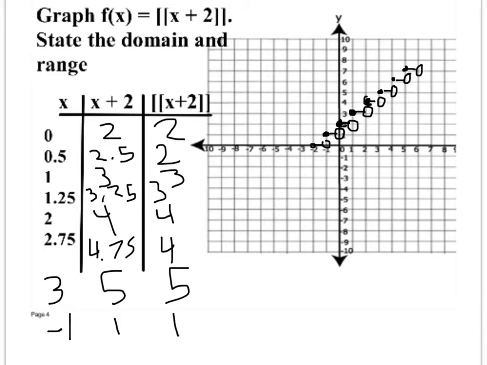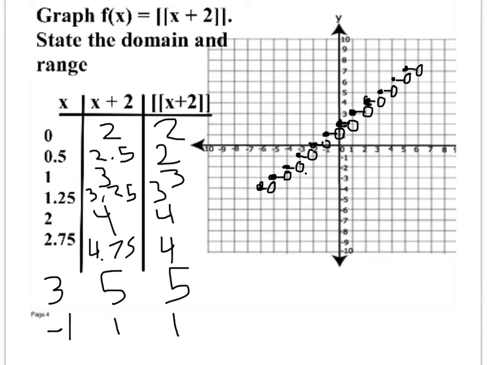So do I have to keep filling out a table, or could I just graph it? Once you figure out the first couple points, then you know all of them. Now I'm not going to make you do the entire graph, but do most of it. What would be our domain here?